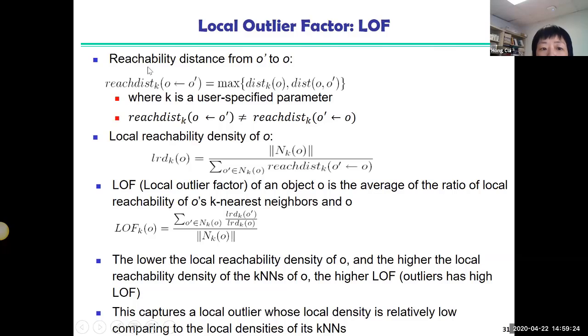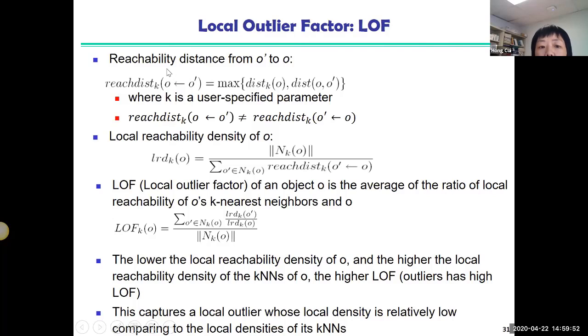And then we define the reachability distance. The reason we define it is because we want to define some other things and then compare. Local reachability density is what we're really looking for, what we're going to compare with its neighbors, and then come up with the final local outlier factor score.